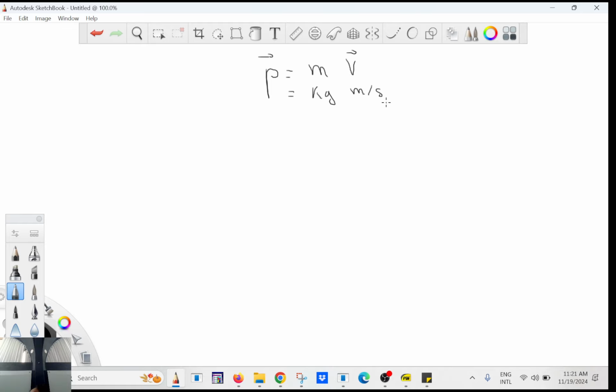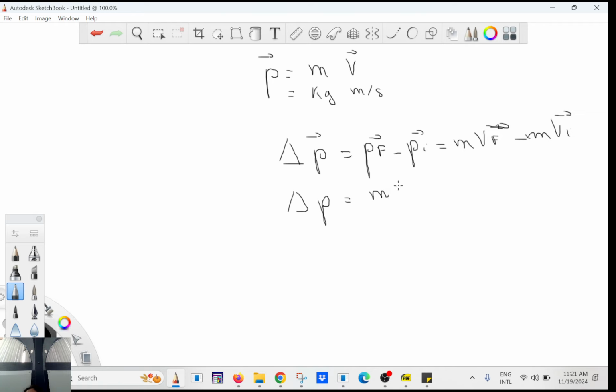Is that clear? The thing that we're going to use is the change in momentum, which is always the final momentum minus the initial momentum, which is the mass times the final velocity minus the initial velocity. I'm going to forget about the vector thing because we're going to work in one dimension for now.